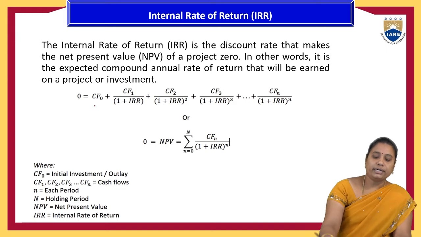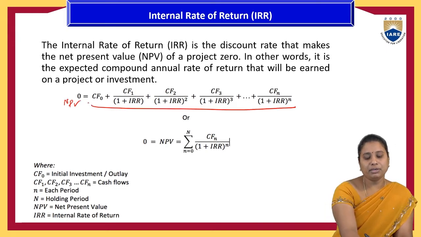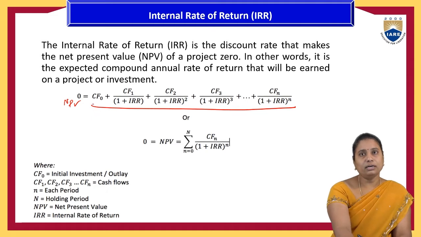So generally in the NPV value, NPV is equal to the cash flow at the initial period plus the present values of all the cash inflows and outflows.